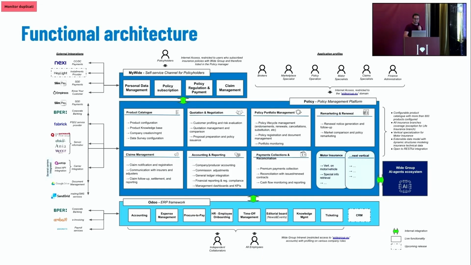So this is the functional architecture of our software, which is such a mess. We have a lot of functions, a lot of carriers that we speak with every day, like companies, like banks, like Quattro Ruote, like Nexi. And all this is in a monolith.